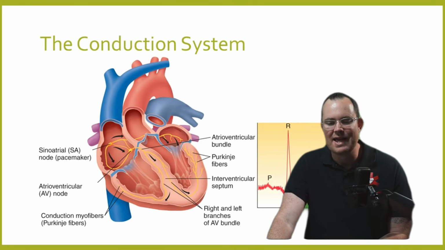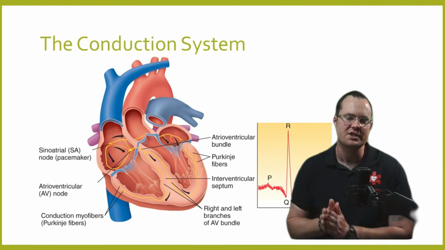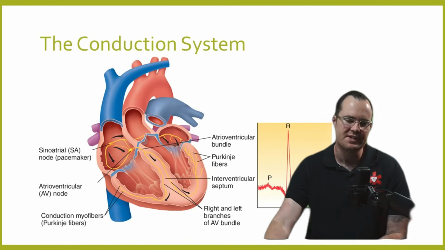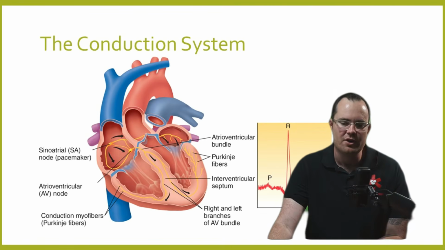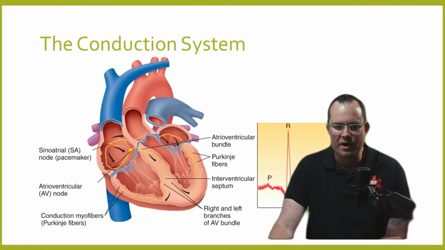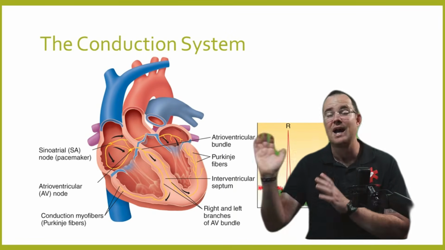Once the SA node fires, and if you look at this diagram, you can see these pathways that are outlined in orange. Those pathways are showing you which way the conduction system's going. So for example, we have a fire here in my SA node. We see that it's outlined in orange and it's going all the way over here to the actual other side of the atrium.